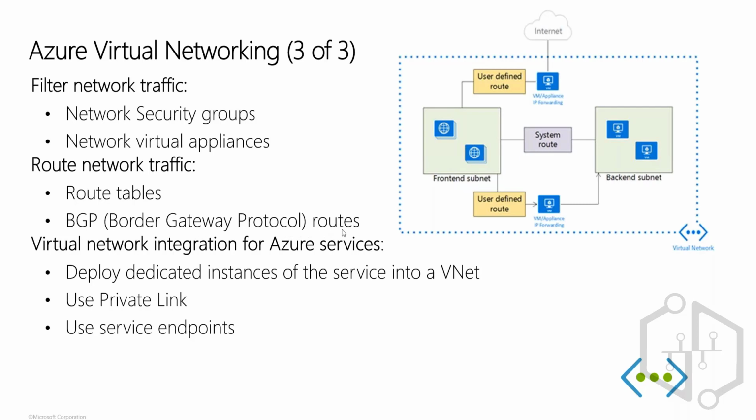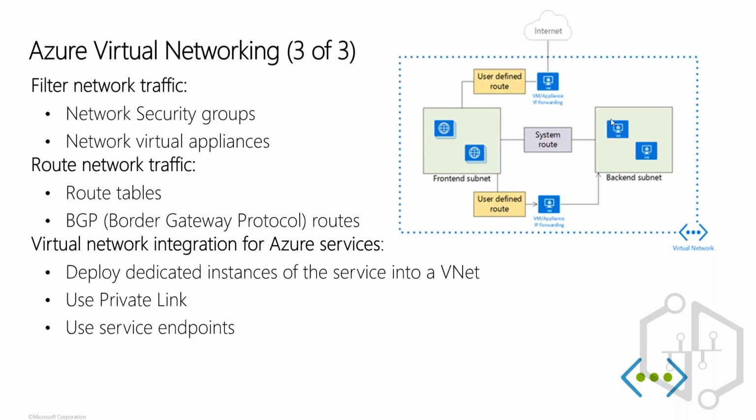That is your BGP routes. Now using these routes, we'll be able to specify that any communication going to front-end subnet should be stopped. It should be first taken to the virtual appliance. From that virtual appliance firewall, we will verify, and then it will go to front-end subnet.